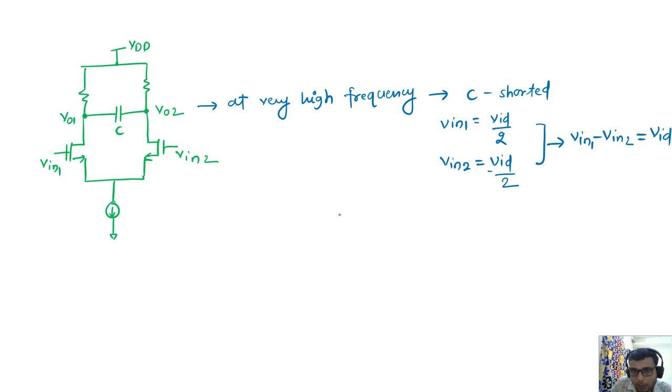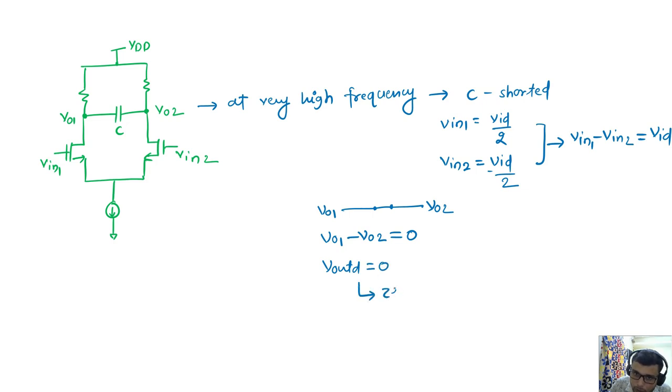And what about the outputs? Output 1, nothing but this capacitor is shorted. Output 2. So output 1 minus output 2 equals 0. So overall I can say differential output equals 0.